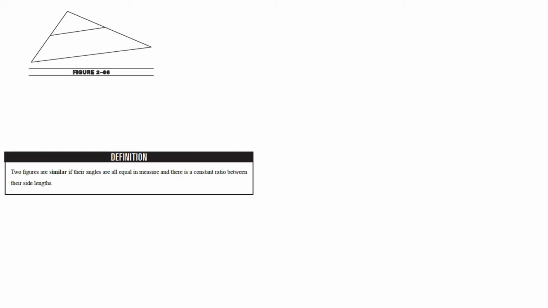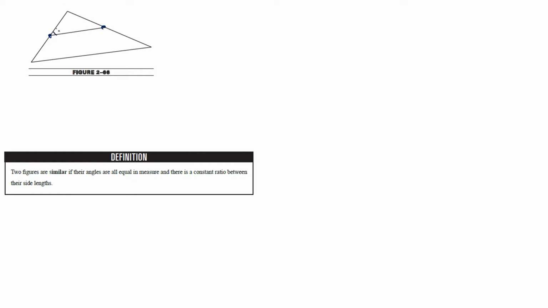All right. Okay, so similar figures are just shapes that are the same in every way except size. So all the angles are the same and all the proportions are the same. So if you split, and this is from the resource, and I don't even know if it says it in the resource, these endpoints bisect these two side lengths.